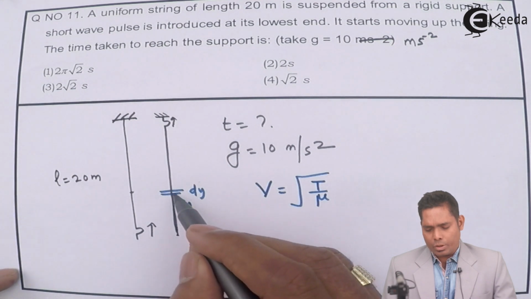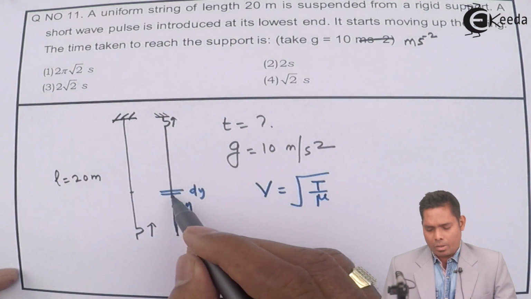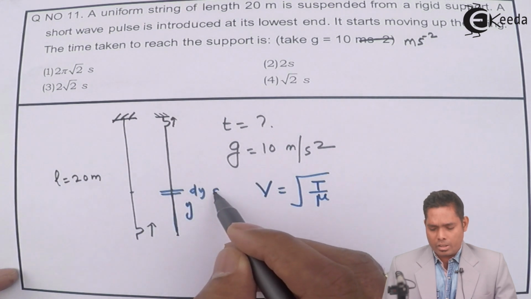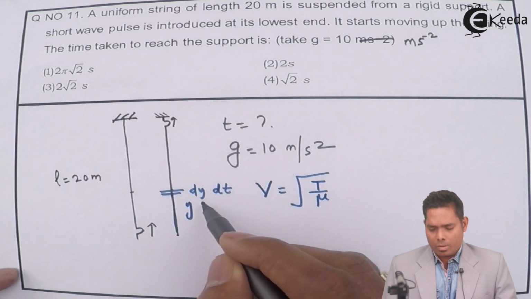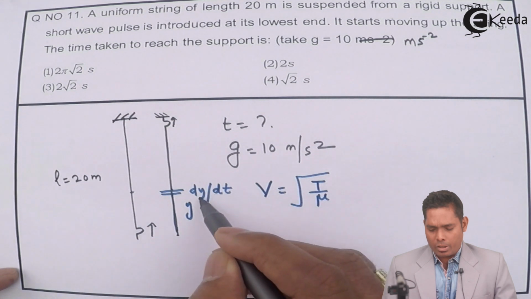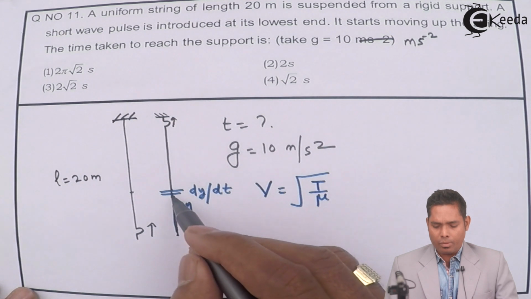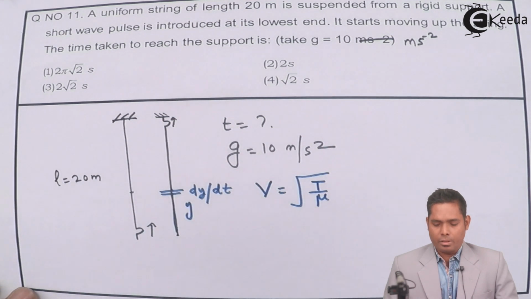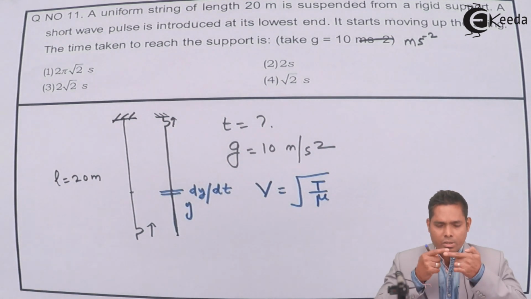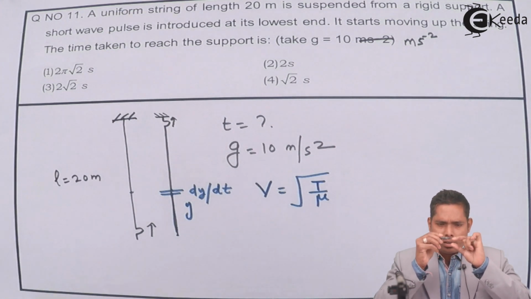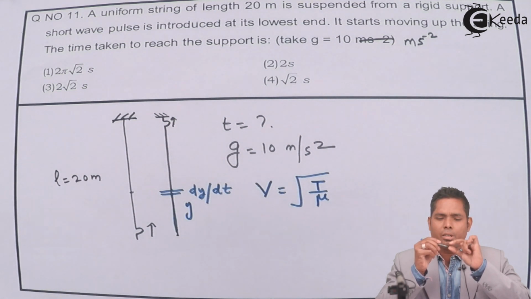This pulse is moving in this direction, and from here to here it takes time dt. Then dy over dt will be the speed of the wave from this point to this point. That means when it crosses that small dy length, it takes time dt.